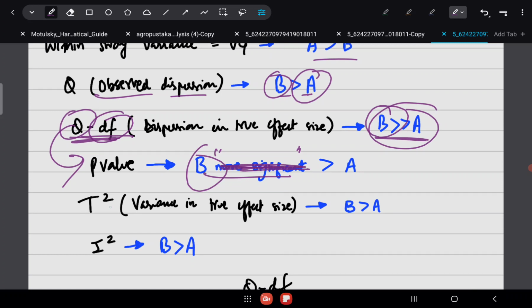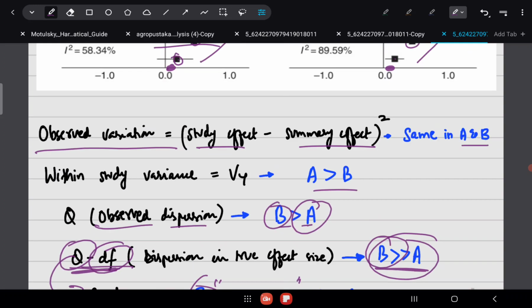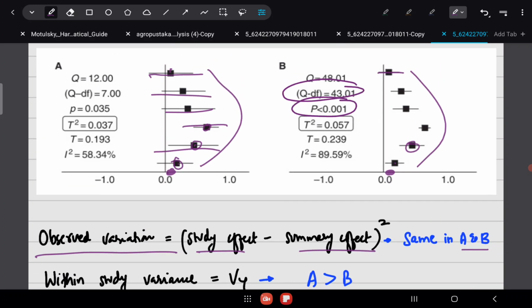Now we'll talk about the thing which is most important that we are discussing, which is the variance in true effect size, or T square. Will it be more for B or A? You can see that Q minus DF, the numerator part, is bigger for B, right?